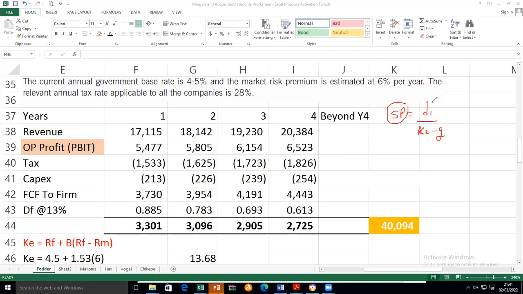The dividend after 1 year, you grow the dividend by 1 year. Then you divide by the cost of equity minus the G. G is the future growth rate in the dividends.